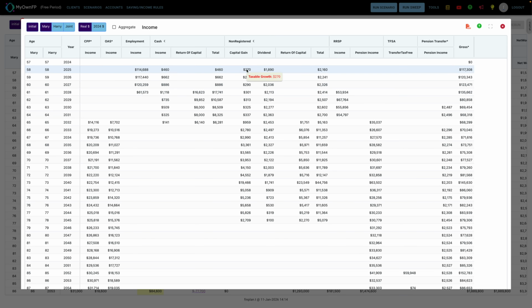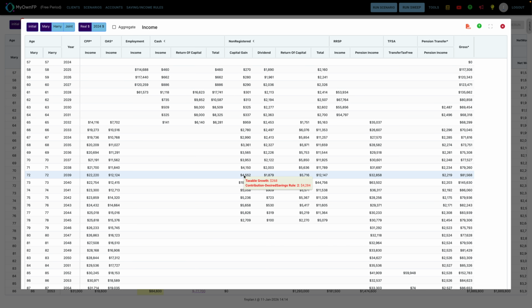Again, non-registered account, which is like your stock portfolio. There's growth. There's dividends. A little bit more interesting is a little bit here. You do get some cash growth. You also get, in this case, we've run out of cash in our cash account, so we're taking stuff from our non-registered account, putting that into our desired saving rule number 2, which is our TFSA.